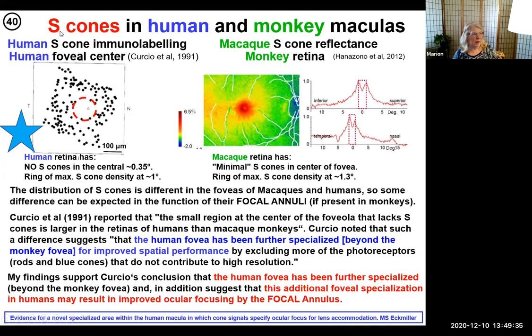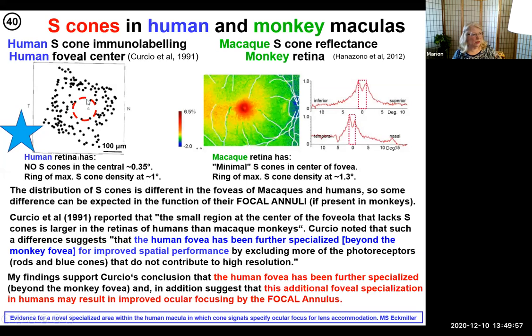This is comparing the distribution of S cones in the human and the monkey macula. On the left, this is S cones immunolabeled, work by Christine Curcio. On the right, we have macaque monkey S cone reflectance, work by Hanazono from Japan.